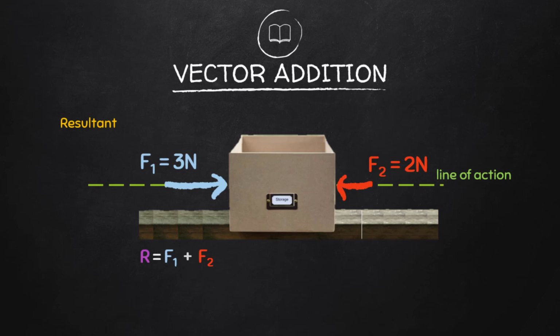Just like in our first example, we will consider forces going to the right to be of positive value. Thus we have the resultant to be equal to 3 newtons plus negative 2 newtons. The negative sign accounts for the direction of force 2 that is going to the left, opposite to the consideration that we have made that forces going to the right should be positive. Thus we will have the resultant to be equal to 1 newton to the right.